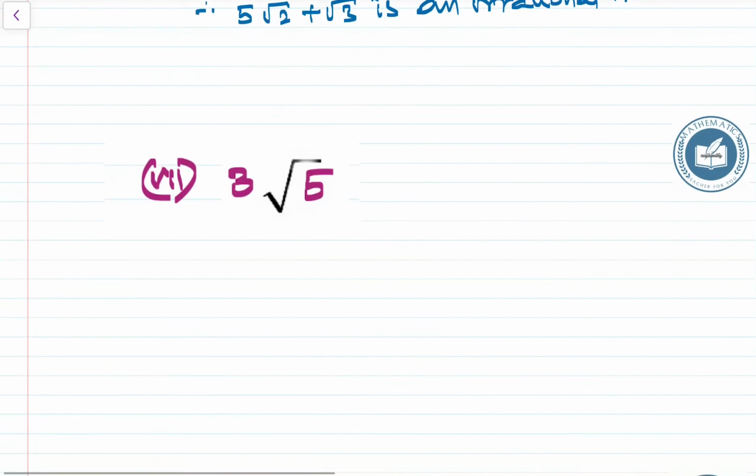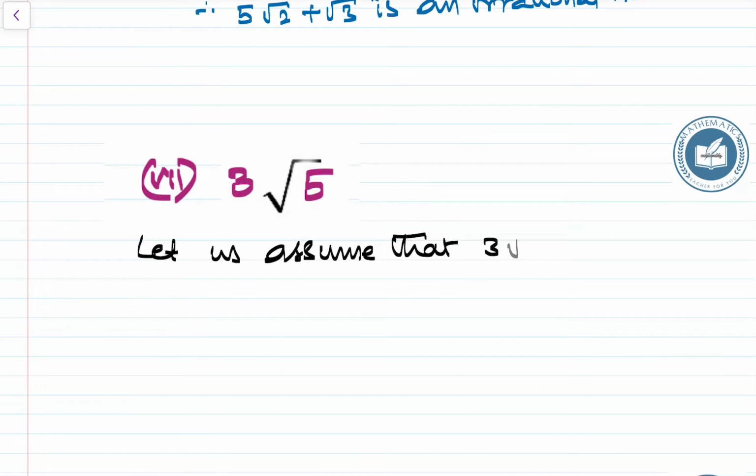Now here, 3 times root 5. Here also we have to assume that 3 root 5 is a rational number.